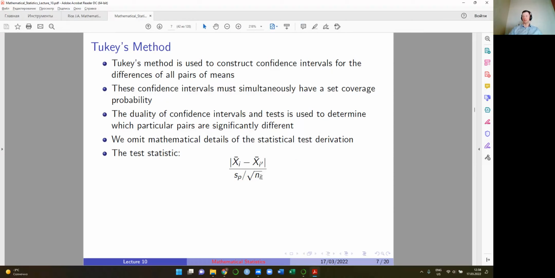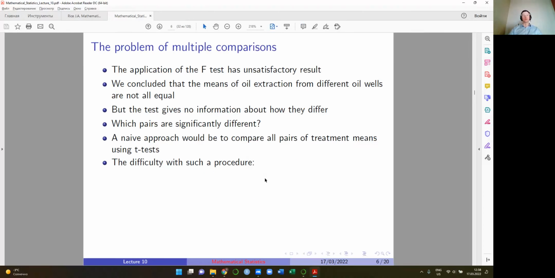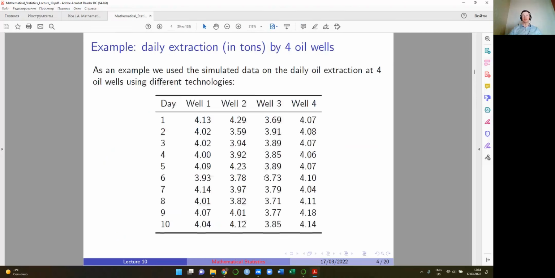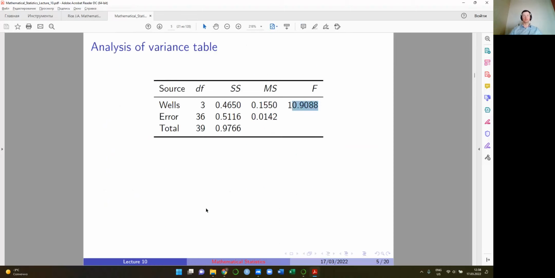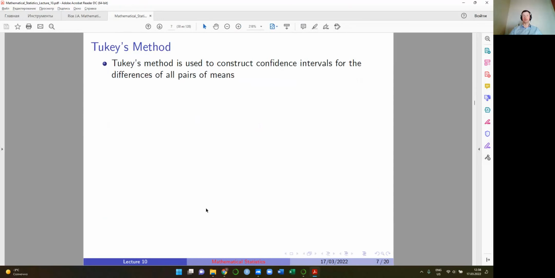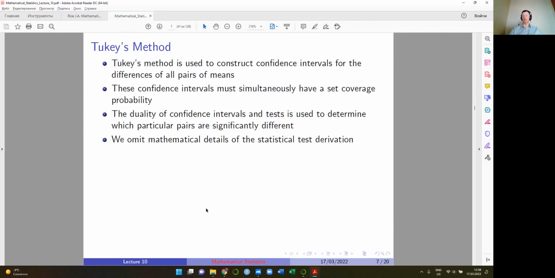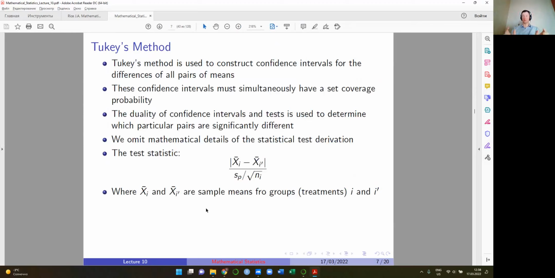I was a little bit troubled with the notation here. I've chosen one type of notation, but probably I needed to change it. So what is ni? It is how many observations in one column you have. And for this Tukey's method, we need to have equal sizes of columns.